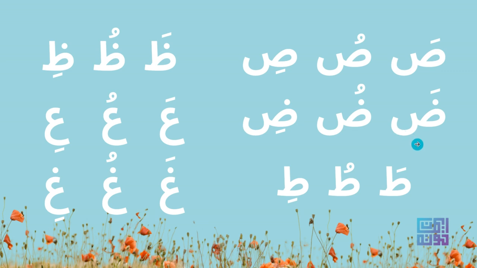The name of this letter is dad. Okay, heavy. Dad. With a fatha, it's going to sound da, not da. The equivalent letter of this is the dal letter, which is a lowered letter. It's not elevated. The sound is not elevated in the mouth, but the dad, the sound is elevated, filling the mouth.